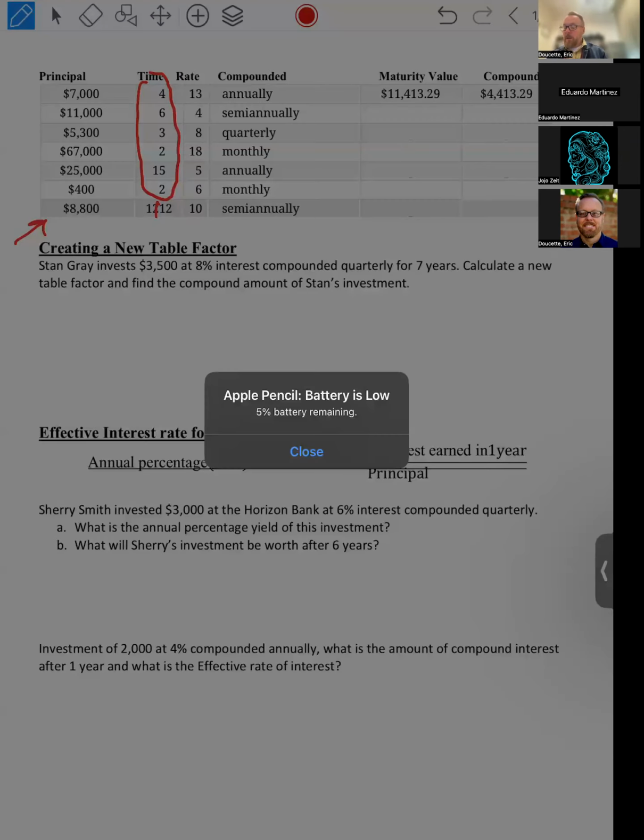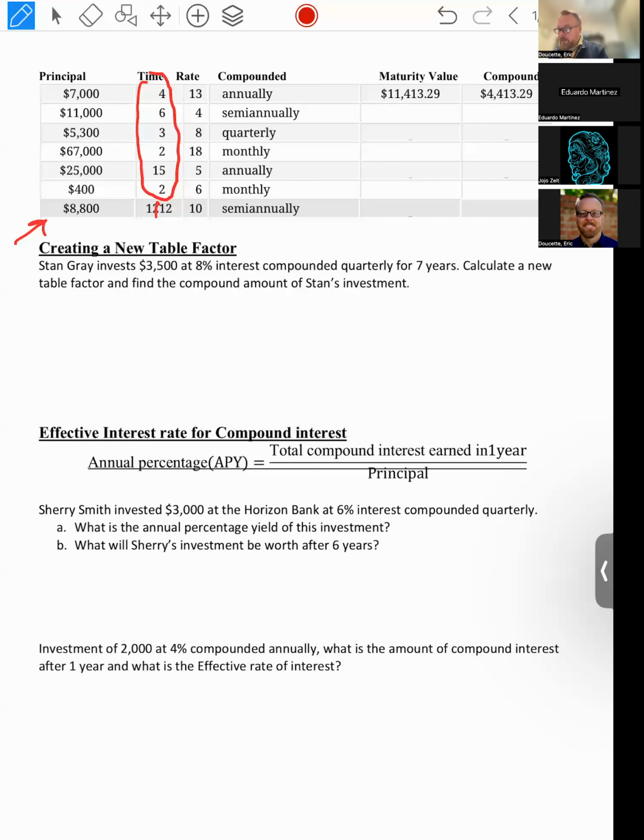All right. So what I want to do here first, and we'll do this together, is to figure out how many times that particular loan will be compounded, and what the interest rate will be for that particular loan. So if I said to you that it's $7,000, I'm sorry, I said it was 4 years long. I'm looking at the wrong chart here. Hold on a second. This is the wrong page.